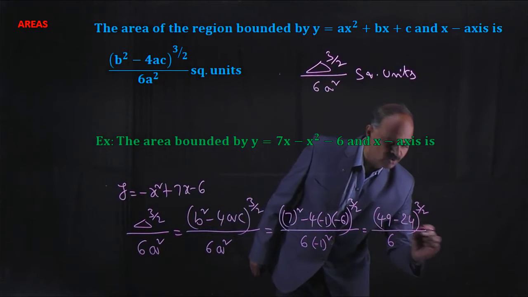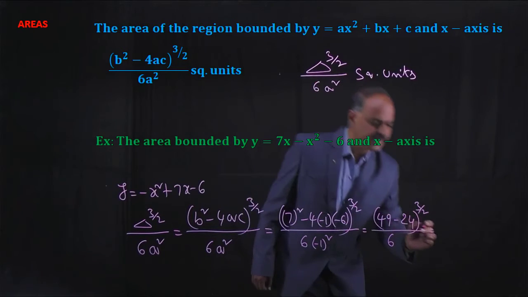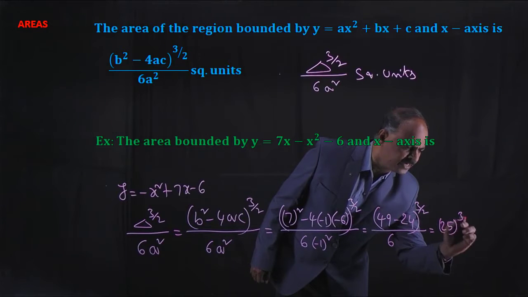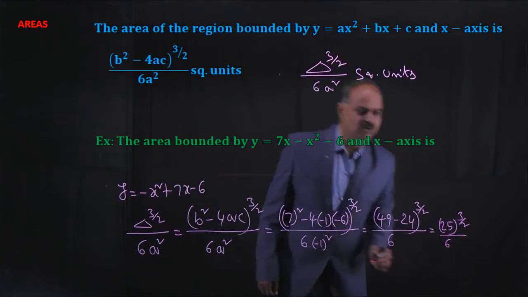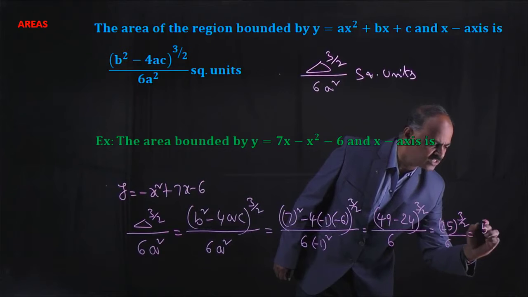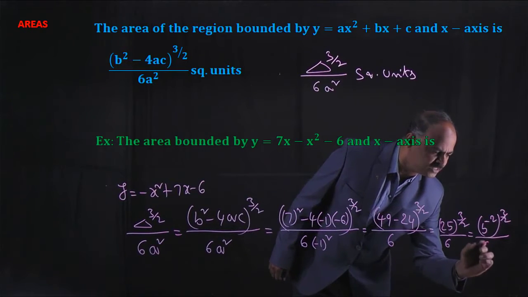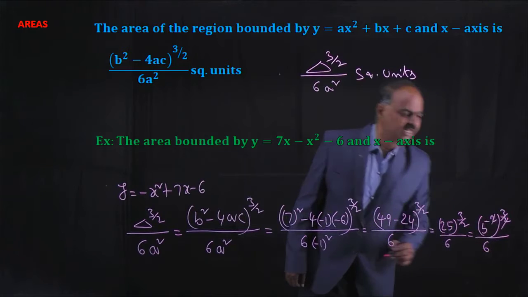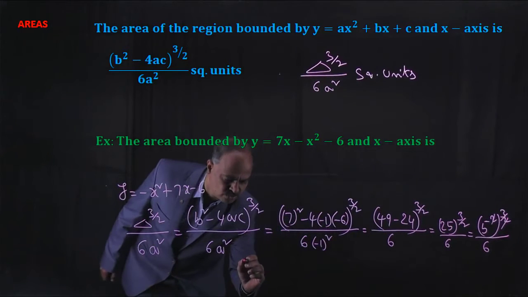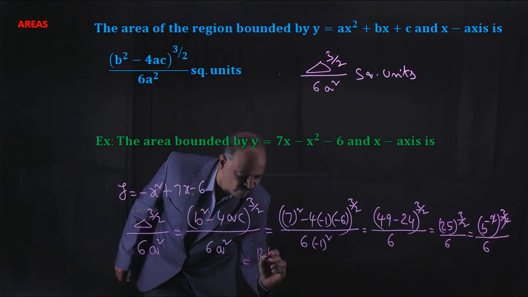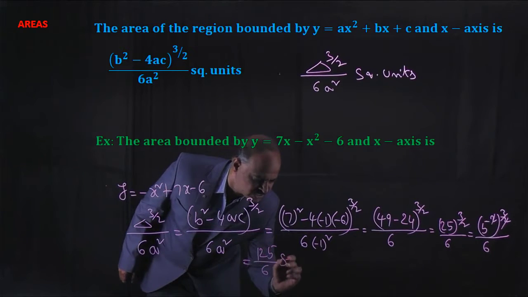Now this is equals to 25 whole power 3 by 2 by 6. Now this is equals to 5 square whole power 3 by 2 by 6. Here the square gets cancelled. Now that is equals to 5 cube by 6, that is equals to 125 by 6 square units.